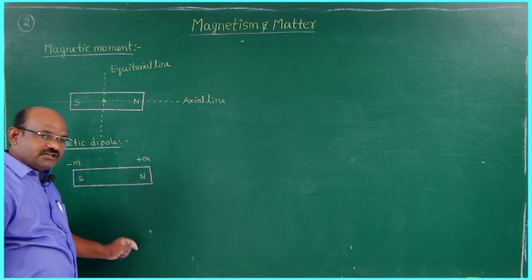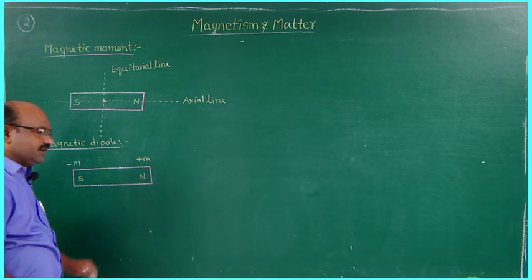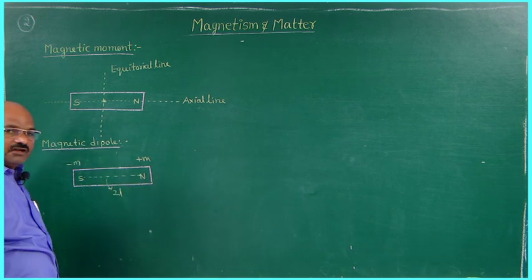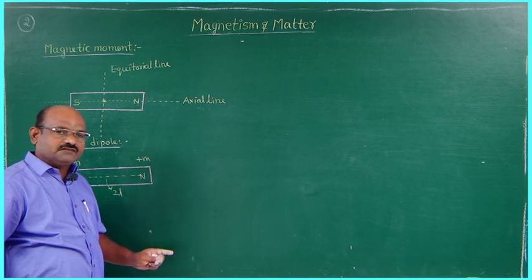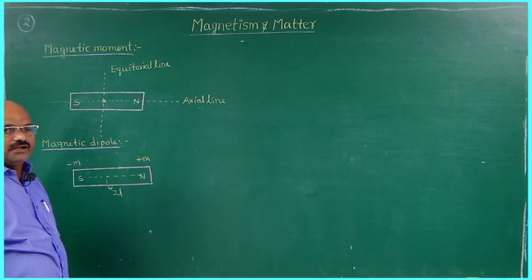Therefore, it is the configuration in which two equal opposite poles are separated by a certain distance. So what is the distance between the two poles? Obviously we know 2L, that is the magnetic length. The configuration in which the system possesses two equal opposite poles separated by a certain distance is said to be the magnetic dipole.